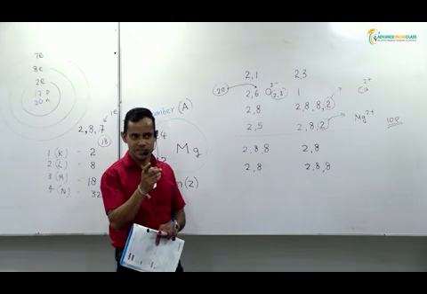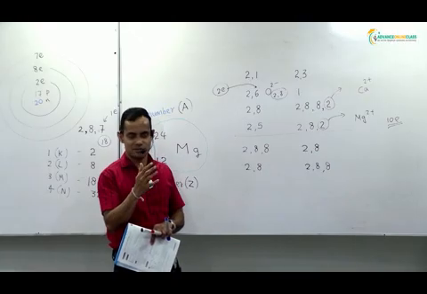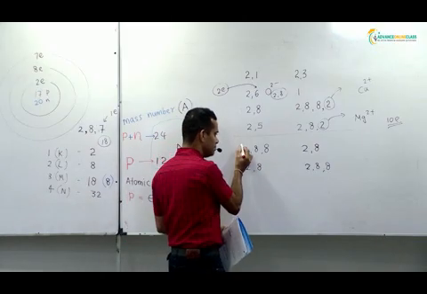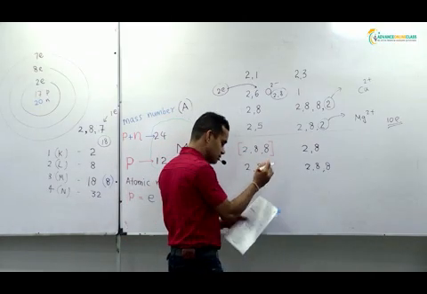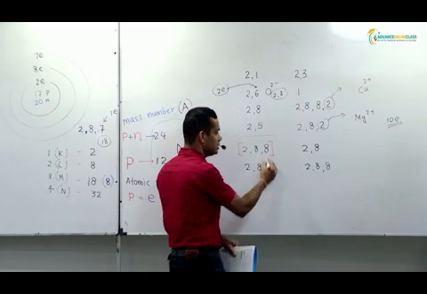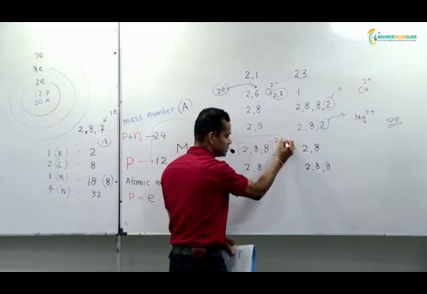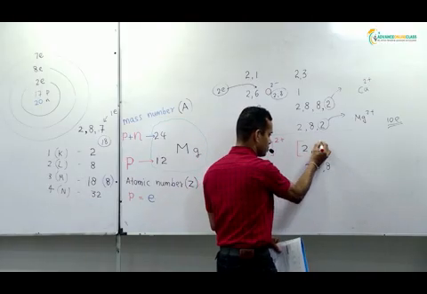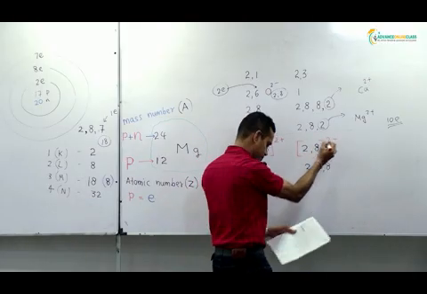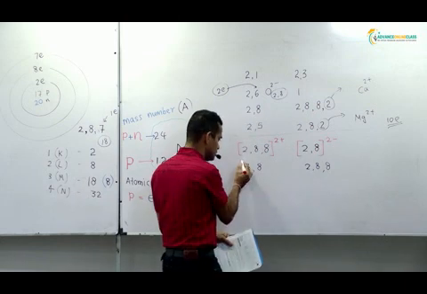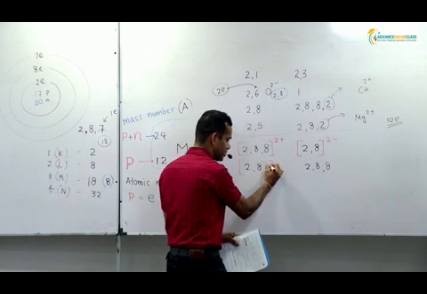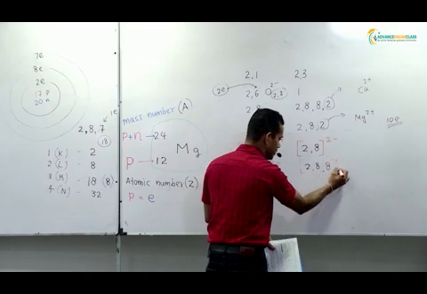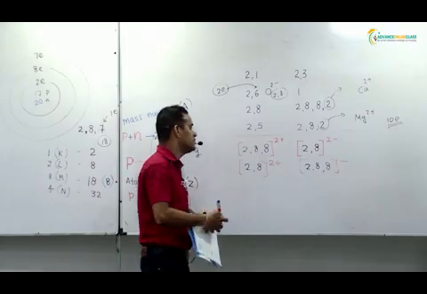I don't say you should add it, but sometimes your teacher has given it. Maybe your teacher has given Ca2 plus, so you should put a bracket and write 2 plus. Oxide O2 minus, 2 minus. Magnesium 2 plus. Last one, chloride, negative. Now which one is very correct?